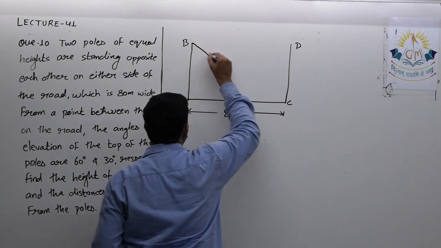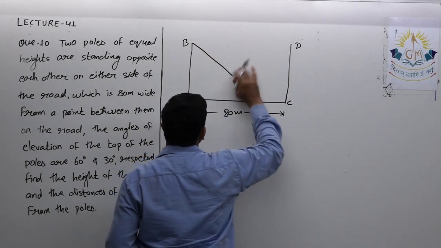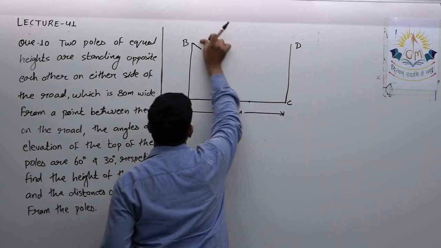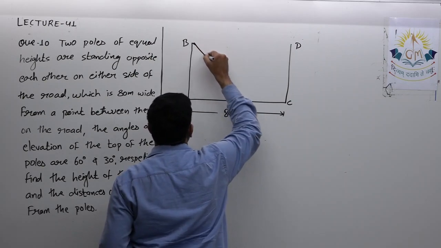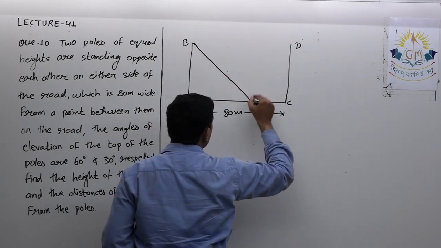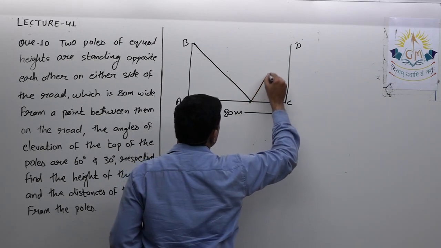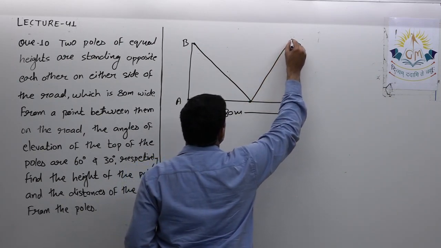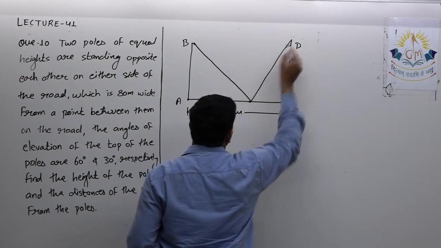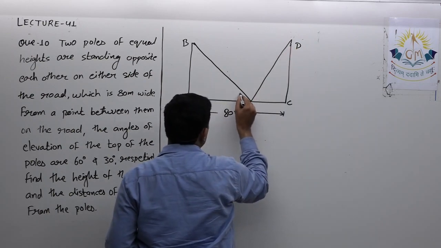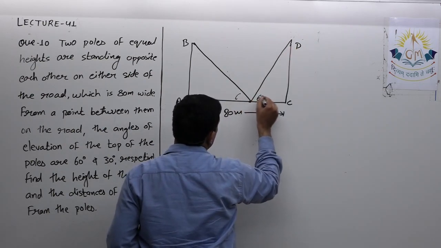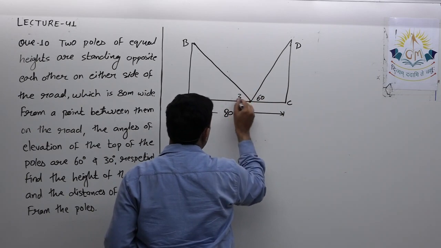So the angles of elevation of these two poles from that point are 60 degree and 30 degree.